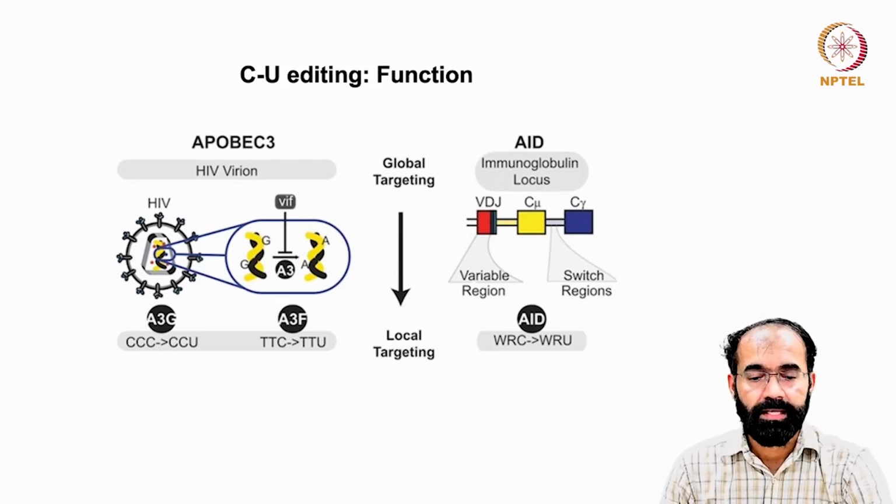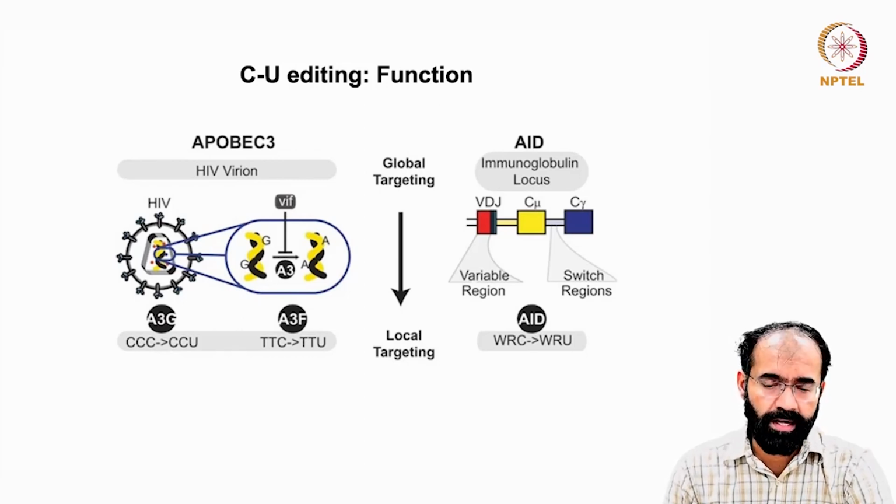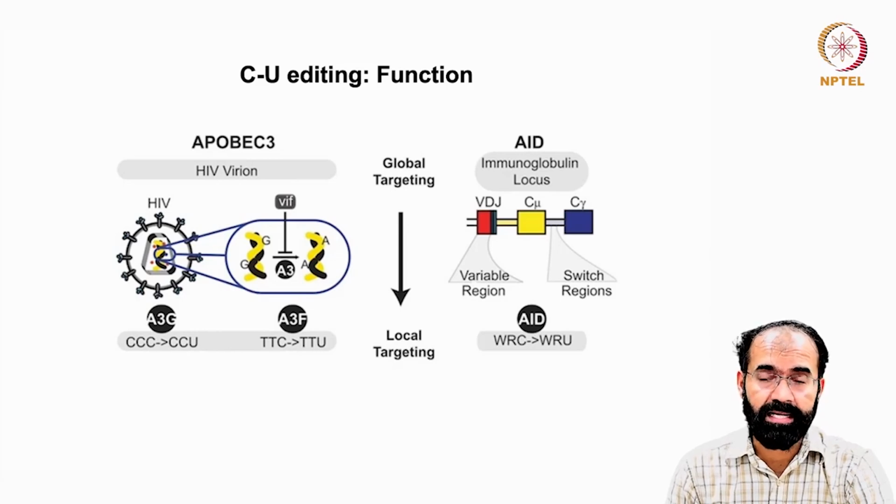So VIF is a protein which is viral specific, and what happens is that if there is a specific loci, it can convert into A3G, that is, it can get converted into A3F, and alanine becomes glycine or alanine becomes phenylalanine.